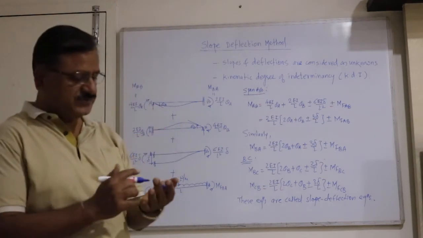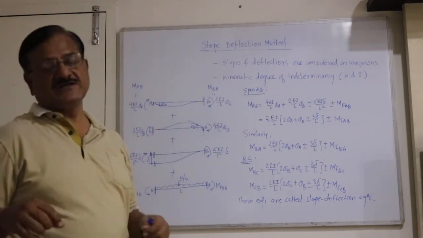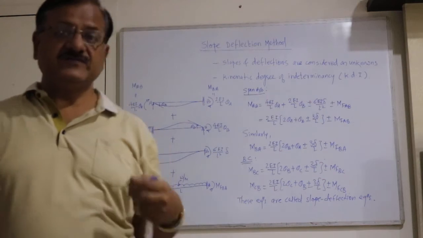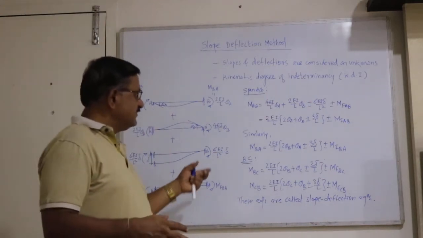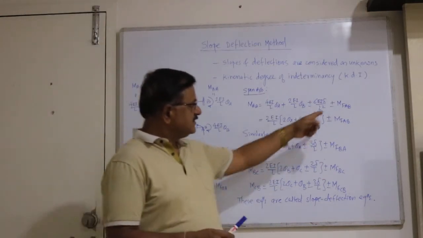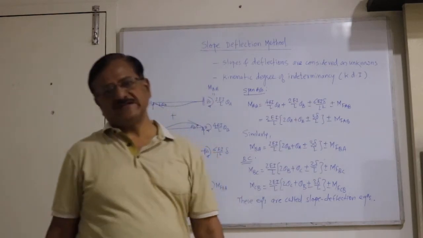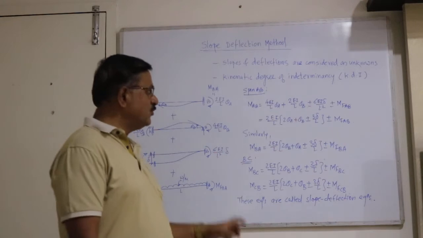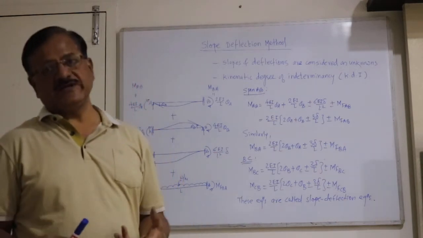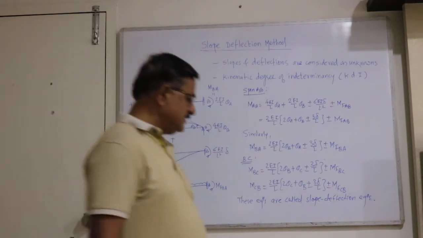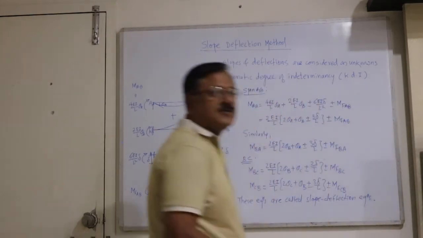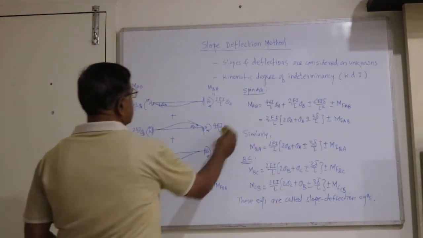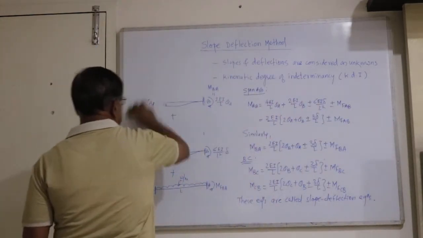I will tell you first the procedure, how to solve this. We'll develop the procedure, then I will give you the list of the fixed end moments due to the standard loading, and then we will see the problems on this. Now next, let's see the procedure.